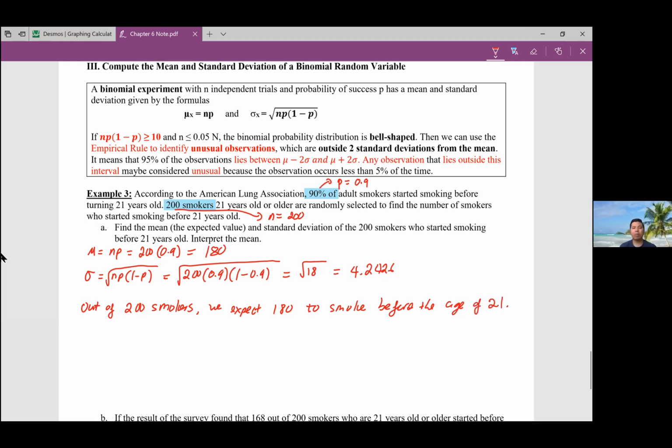So that's what I mean by the expected value, of the mean. So out of 200 smokers, we expect 180 to smoke before the age of 21.